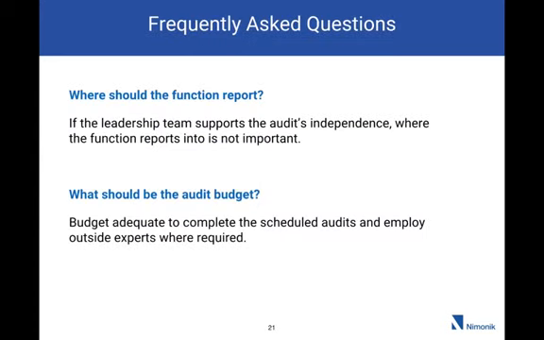So let's move on now to some frequently asked questions. I often get asked, where should the internal audit function report? And I think where it reports is not as important as long as the leadership team supports the audit program and its independence. Ideally, it should be as high as possible in the organization to support independence, transparency, and resourcing.